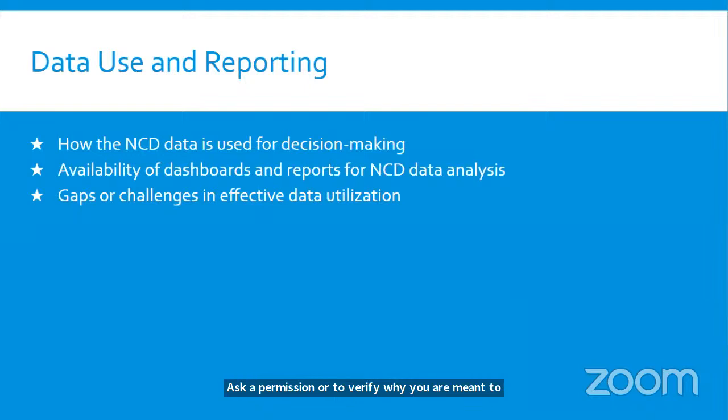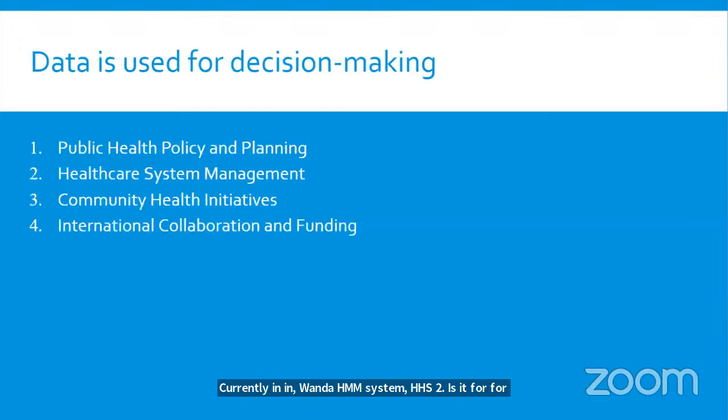The data currently in the Rwanda HMIS system based on DHIS2 is used for decision making, and mainly for planning.